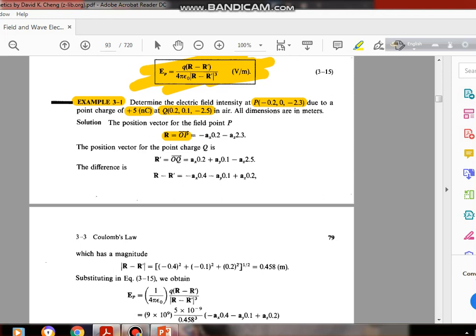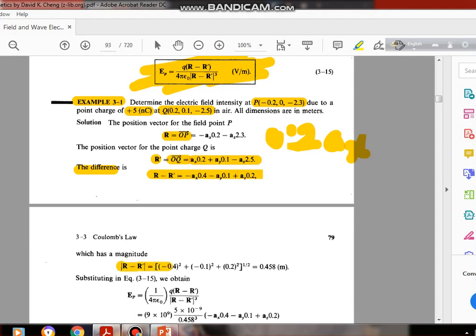The position vector of the point charge Q is R dash, that is OQ, and it is quite similar. Here a_x is the x position, a_y is the y position, and a_z is the z position, as it is known as the rectangular coordinate system. Then you can find the difference R minus R dash, just by subtracting, and you can get it.